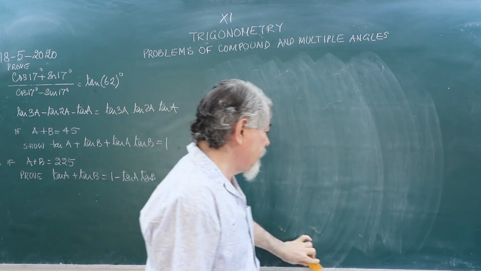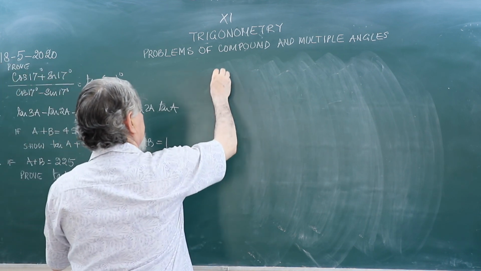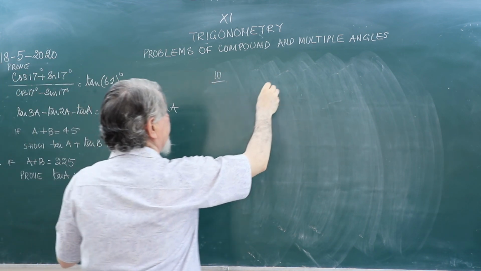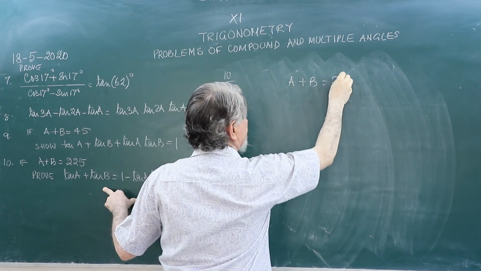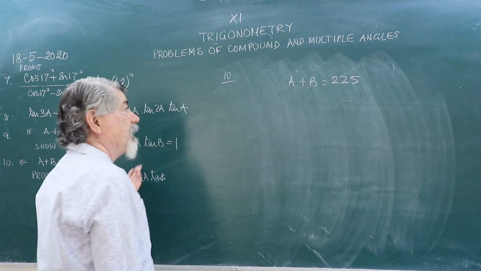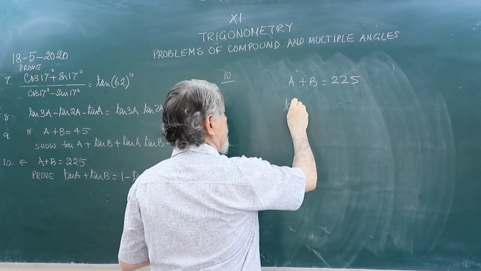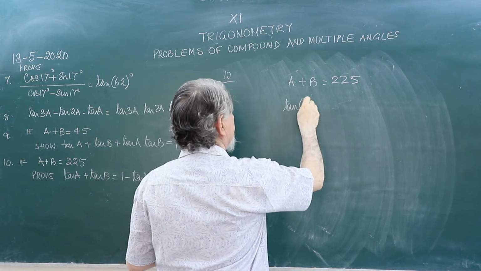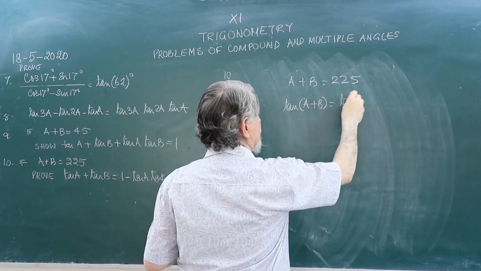In this series, this 10th question today: a plus b is 225. Again he said something to do with tan a. Let us take again tan(a + b). tan(a + b) will be tan 225.